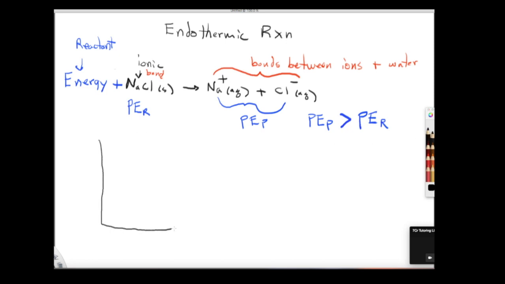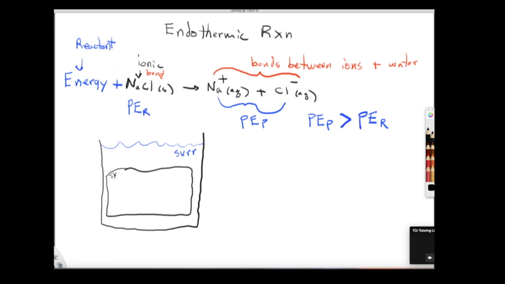So if we draw a picture of this, what's happening? Again, here's the glass of water, and you're holding the glass of water in your hand. And the water represents the surroundings, all right? And inside the glass, we're going to have our system, which is our reaction. And I'll rewrite it here.